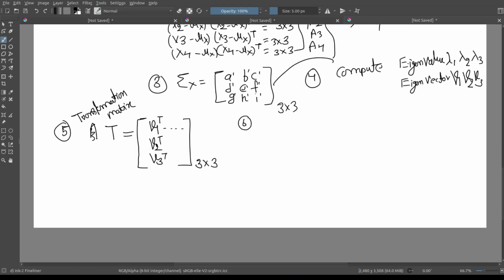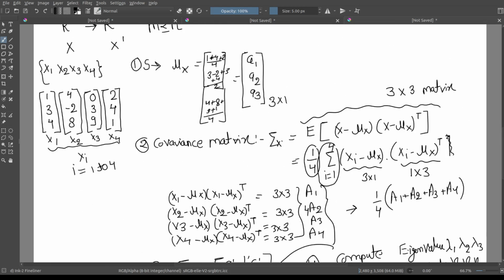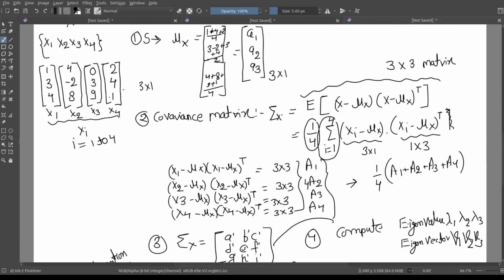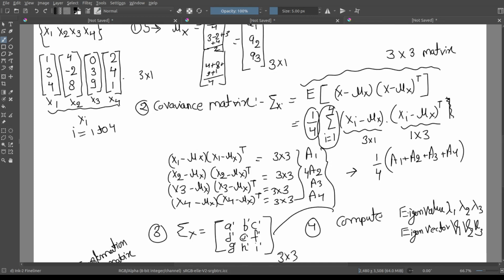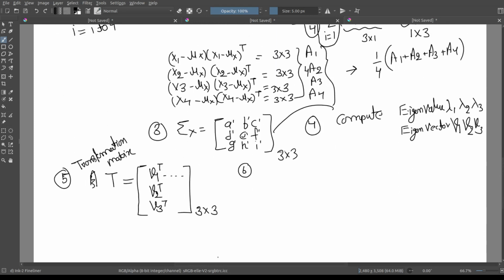Now the sixth step. You have obtained the transformation matrix, and now you have to apply the input data to it. One doubt may be possible here: what is the dimension of the data? It is 3 cross 1. If the dimension is n cross 1, then the transformation matrix will be n cross n.